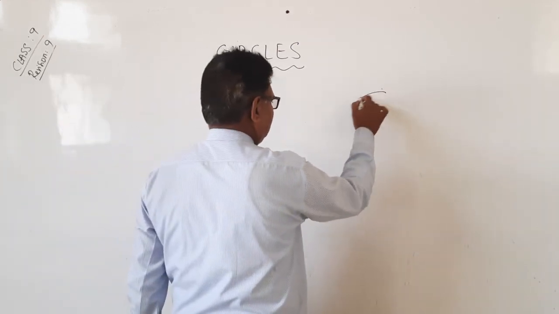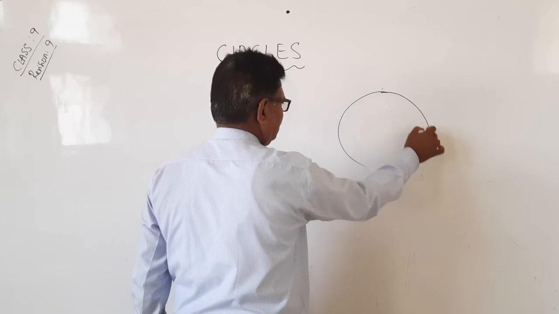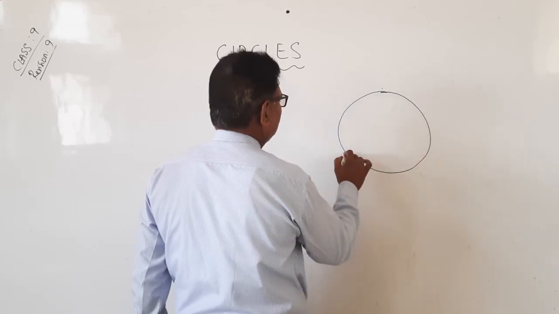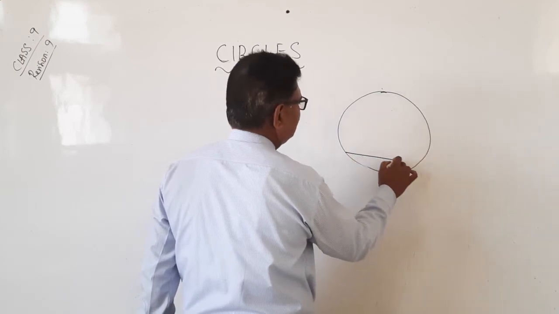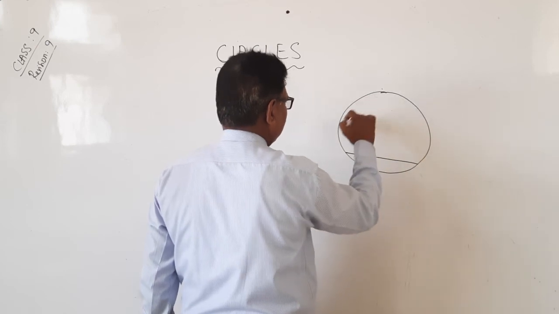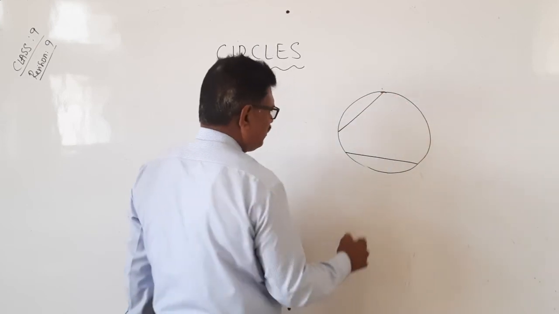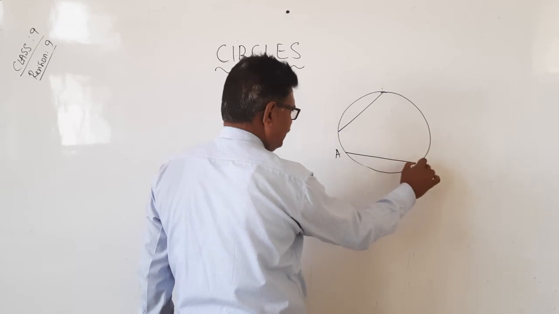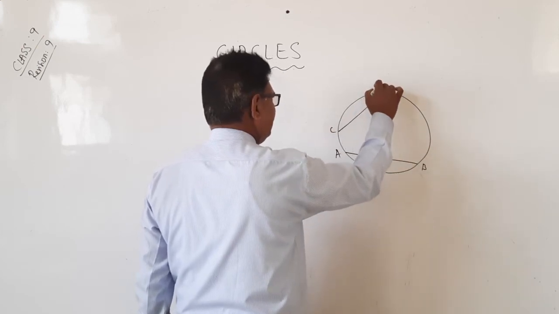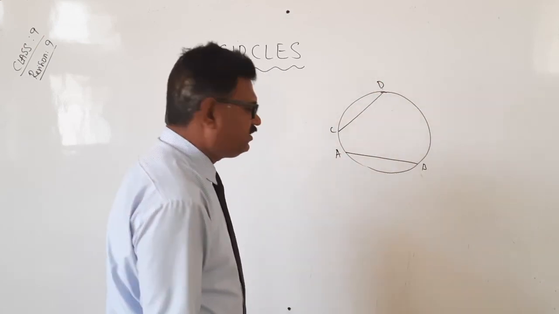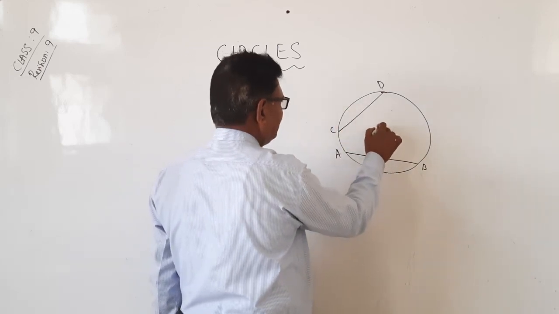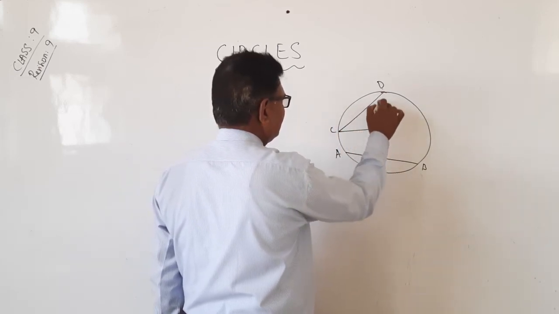What does the theorem say? Equal chords subtend equal angles at the center.